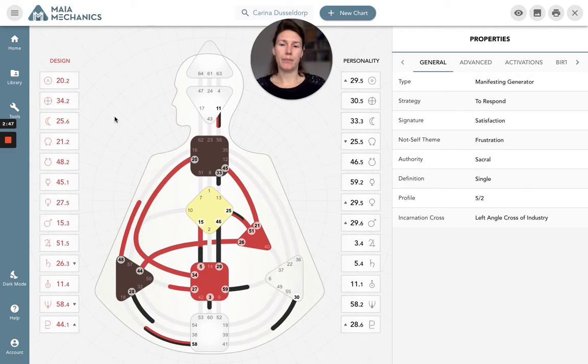It's like the energetic translation of you, and of who you came here to be, who you are designed to be, both on an unconscious and conscious level. And to be clear, every person has these 9 centers. We all consist of these 9 centers. We're all 9 centered beings.